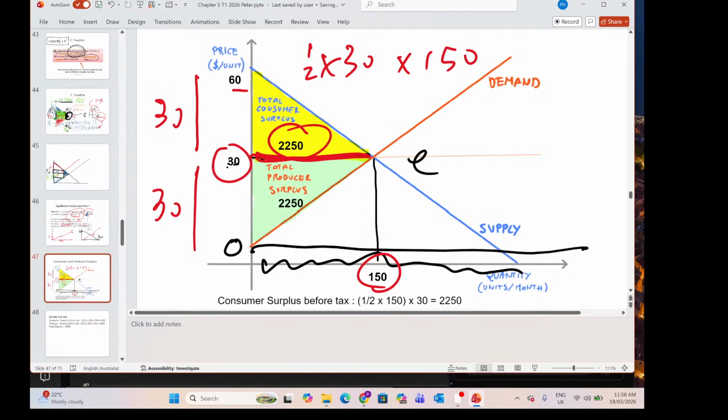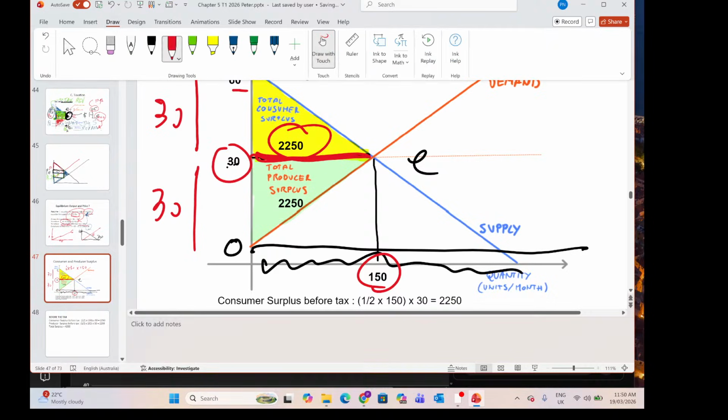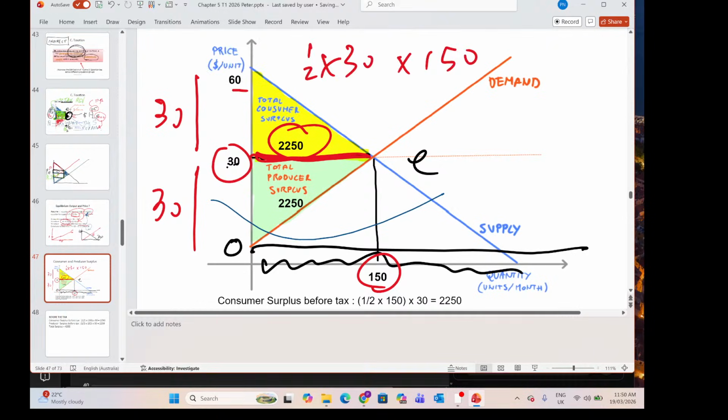As it happens in this particular example, the producer surplus is exactly the same: half of 30 multiplied by 150, and again the producer surplus is 2250, and our total surplus is 4500.